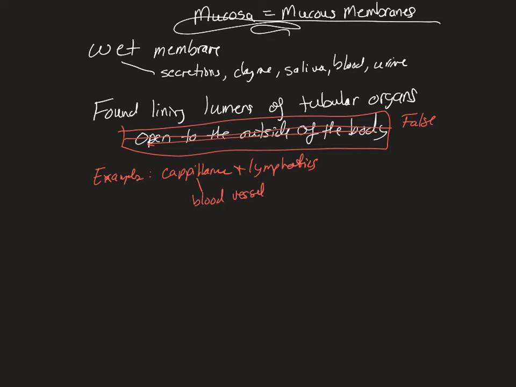Other mucous membranes can be found like in the mouth, intestines, vagina, anus, respiratory tract, a lot of different places. And a lot of those do open to the outside of the body, okay, urinary tract. But not all do, okay? All right, so what are the tissue types?